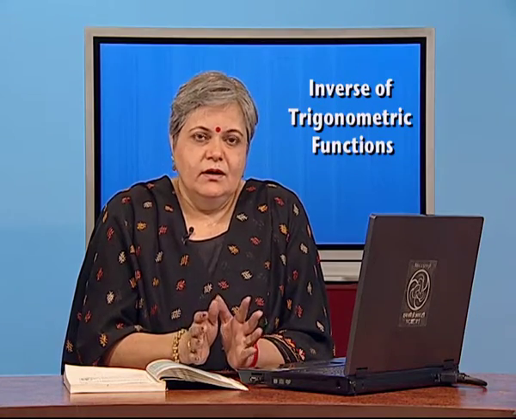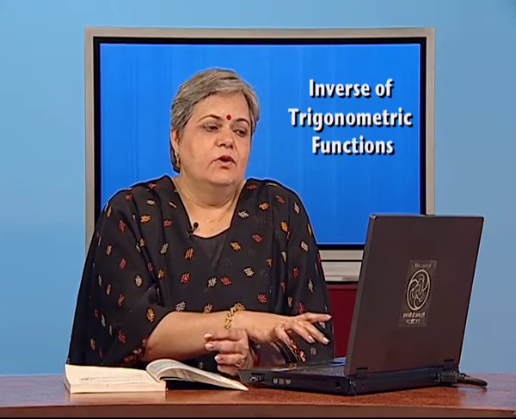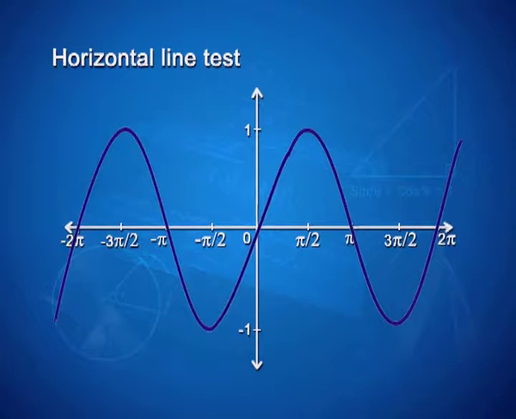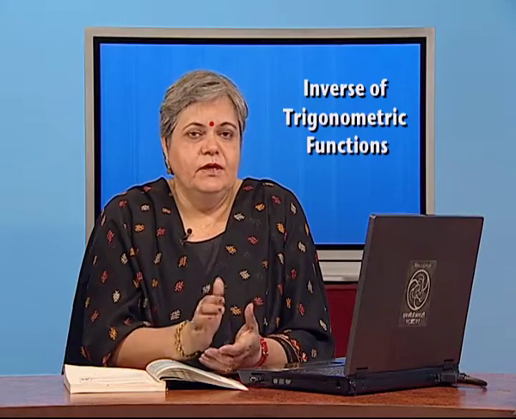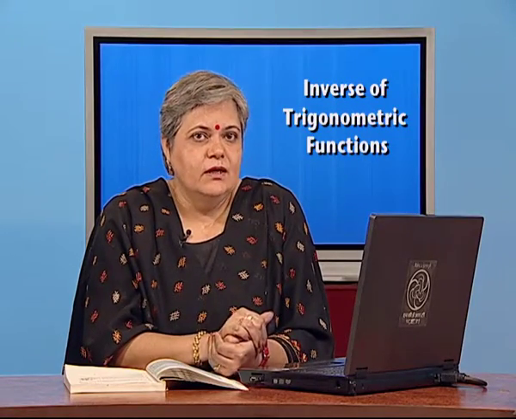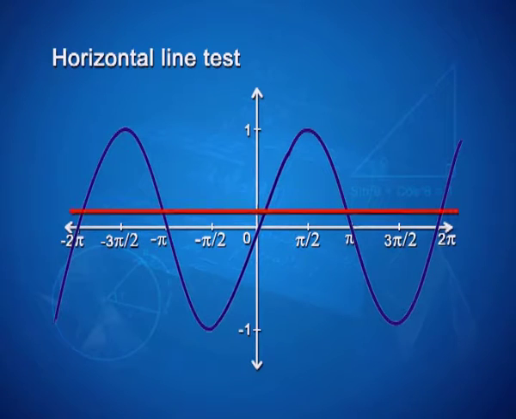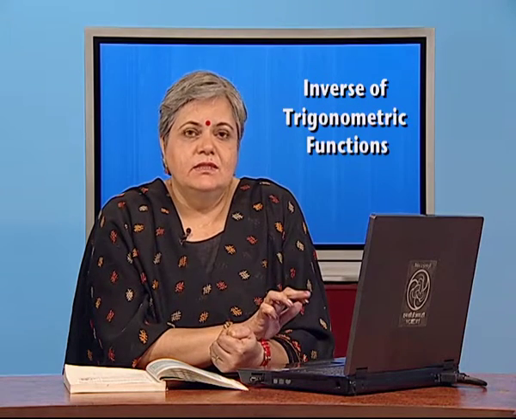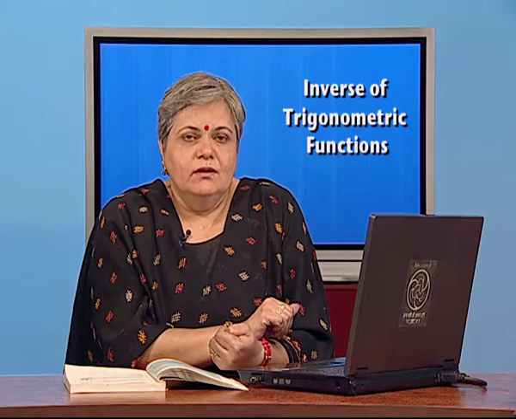Let us also look at what we call the horizontal line test, which is a very useful test to decide whether the function is 1-1 or not, provided you know what the graph looks like. Well, you definitely know what the graph of sine x looks like. And if I take a horizontal line, which in this case is cutting the graph at more than one point, typically this means that the function is not 1-1.